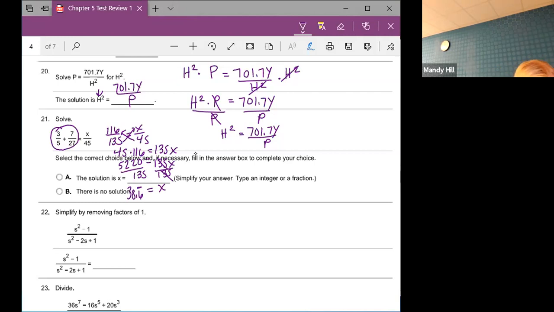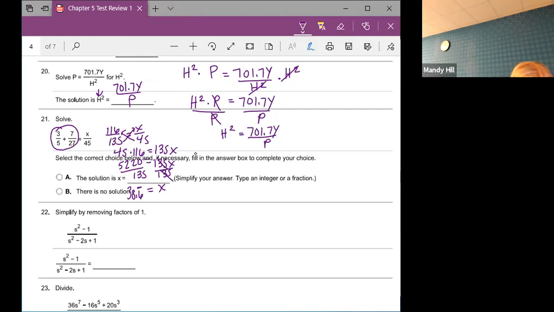They're wanting you to leave your answer as it says, simplify your answer, type an integer or a fraction. They're wanting you to leave this as a fraction. In this calculator, if you hit math and you hit enter, it'll change it back to a fraction for you.